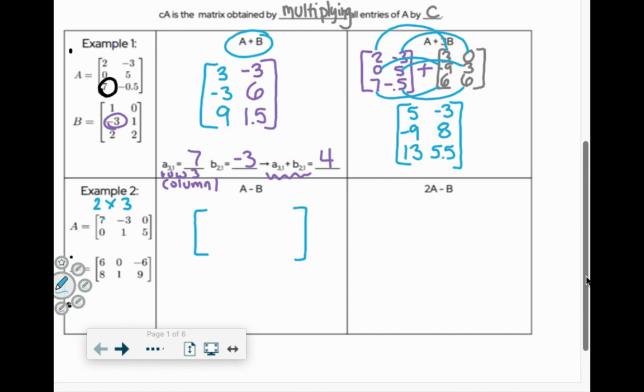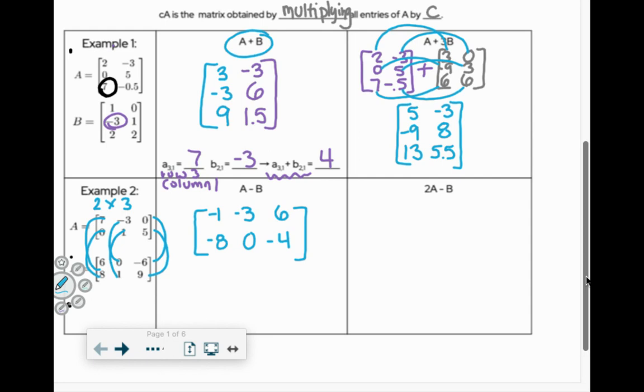Okay, 7 minus 6, and 0 minus 8, -3 minus 0, 1 minus 1. 0 minus -6 becomes +6. Be careful with your negatives. And 5 minus 9 is -4.